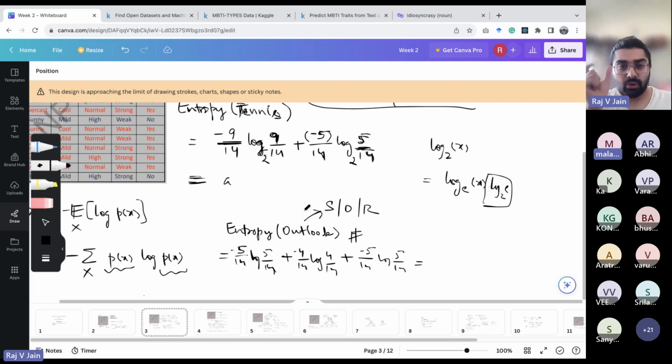So when you say entropy is 1, it's not just a value, there is actually a unit associated with it. The max entropy when you take base 2 is 1 bit. When I use log base e, I say nats. That's it.